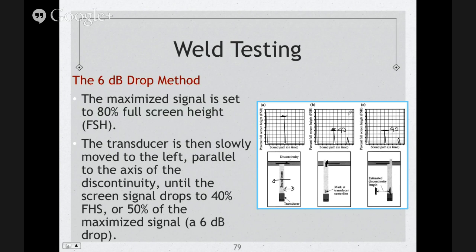And 6 dB, not because you saw anything say that it dropped 6 decibels, but because we know that anytime we add or subtract 6 decibels, our amplitude will double or cut in half. So if we cut it in half, the reflection we're getting is 6 decibels less than the one from here, right?